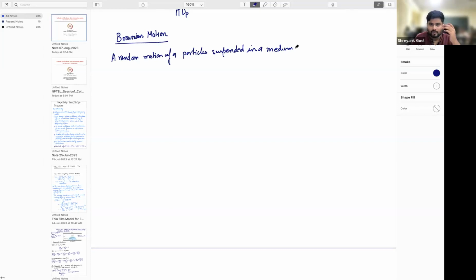Those random fluctuations of the particle are called Brownian motion. This motion is essentially because of the thermal energy that the molecules and these particles have.